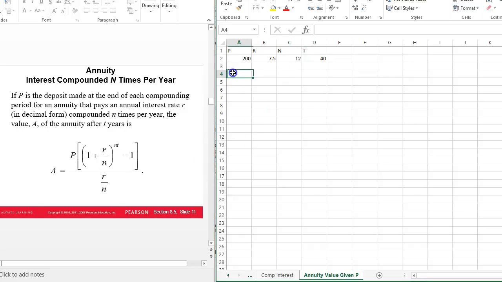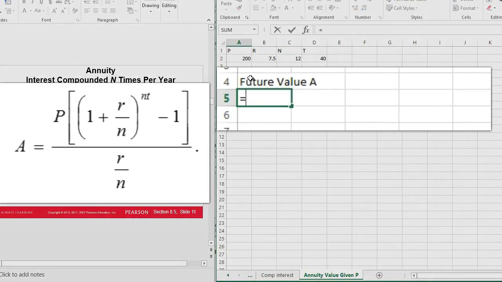Alright, the amount we'll have, the future value, which is A, equals, notice what we have. We have P times, parentheses, parentheses, so bracket parentheses the same as parentheses, parentheses.